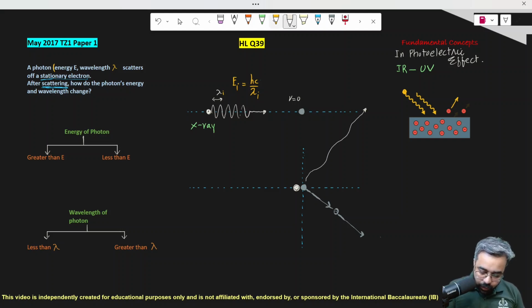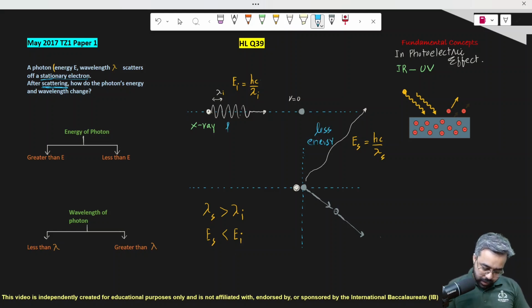This is the energy of the scattered photon, which is hc over lambda_s. Since the scattered wavelength is more than the incident wavelength, the scattered photon's energy is less than the incident photon's energy. So it is scattered with less energy, whereas it had a high energy.